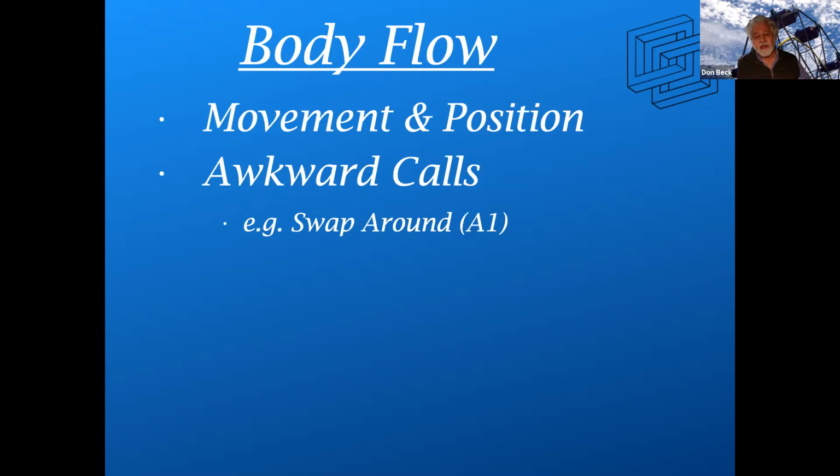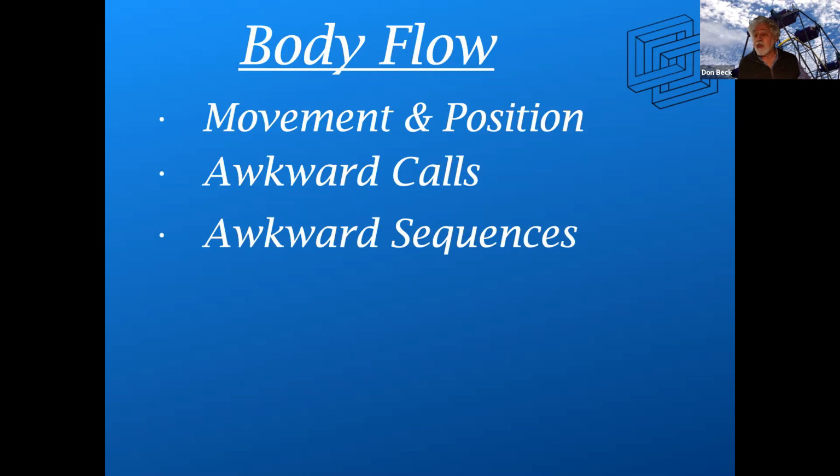There are other calls that I didn't put in here that have things like built-in overflow, like motivate on the A2 list. But anyway, there are awkward sequences, and this is what we frequently think of with body flow. Some of the typical ones are bend the line to a flutter wheel.